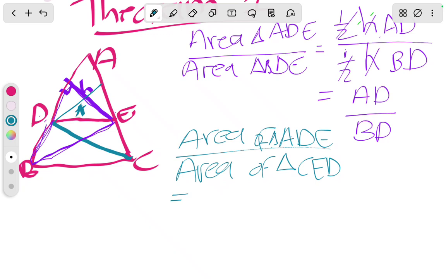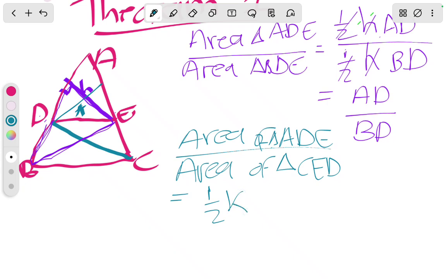The area is going to be 1/2. The height, now our height is no longer h, but it's k, because we are using the blue triangle.